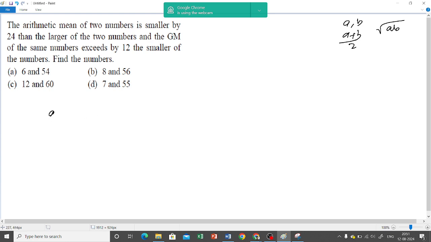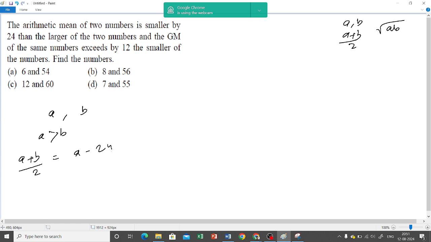So let the two numbers be a, b, as I said, and let a be greater than b. Arithmetic mean means a plus b divided by 2, and it is smaller by 24 than the larger number. So a minus 24. That is what it means.